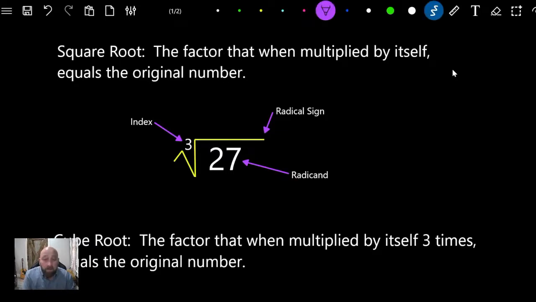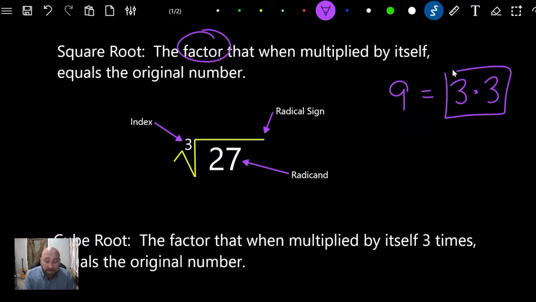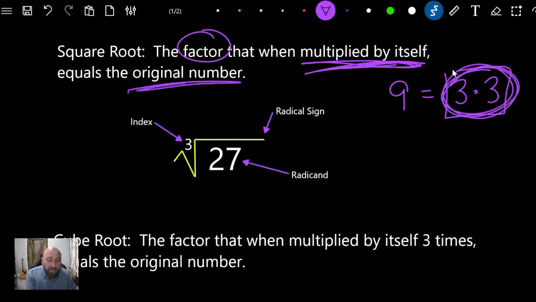Well, for example, the number 9 has a perfect square root. If you take 9 and you say, okay, 3 times 3 equals 9. Notice when I take a factor, a factor is 3 here in this case, and I multiply it by itself, 3 times 3, when it gives me the original number, that is a square root.